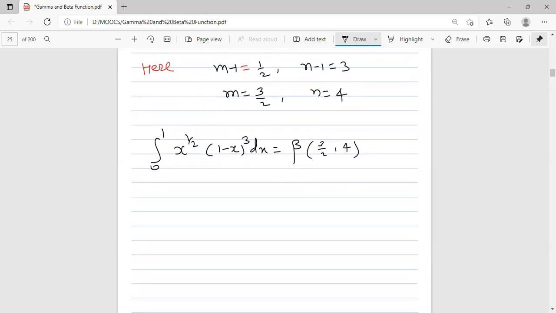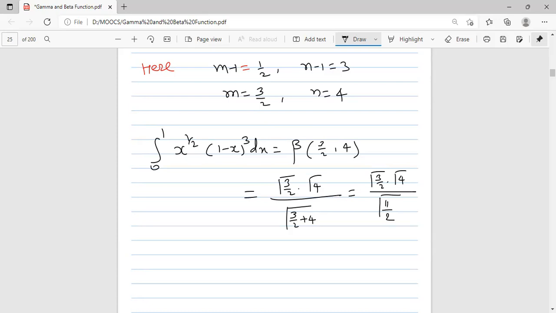How do we find beta of 3 by 2, 4? This is just like beta m, n. This is gamma 3 by 2 into gamma 4 divided by gamma of 3 by 2 plus 4, that is gamma of 11 by 2.